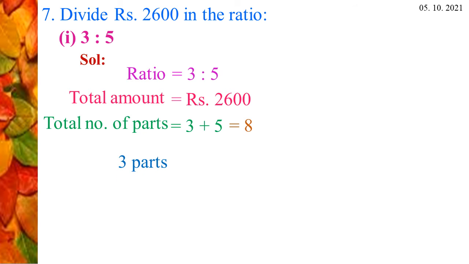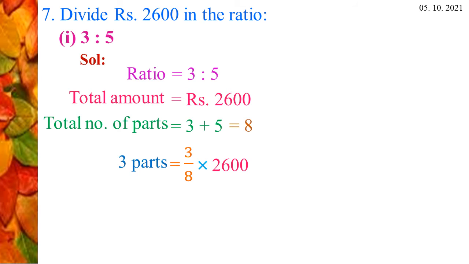Now we have to find the first part, that means first is here 3. So 3 parts equal to 3 by 8. That means 3 is 3 parts by 8 is total number of parts. So 3 by 8 into total amount rupees 2600. We get 3 by 8 into 2600.